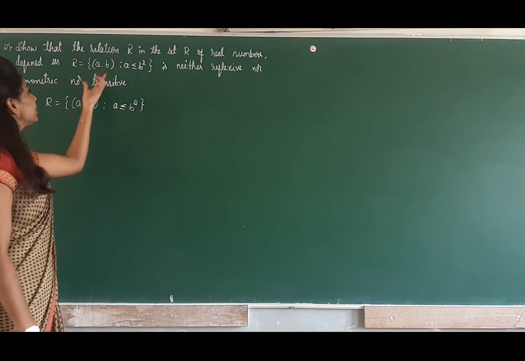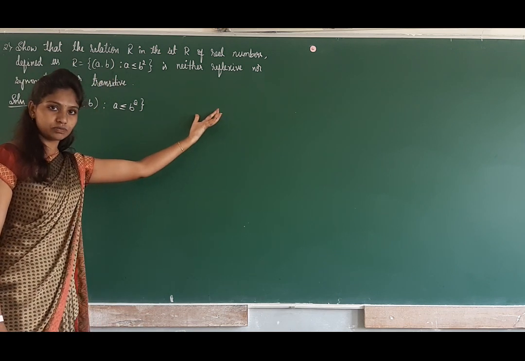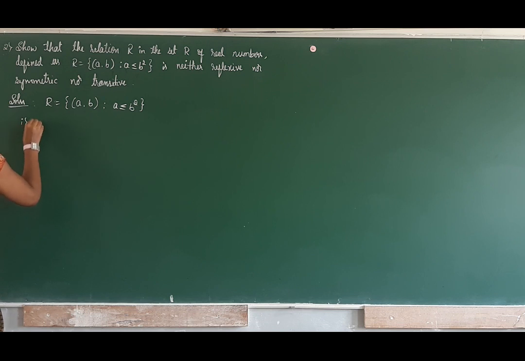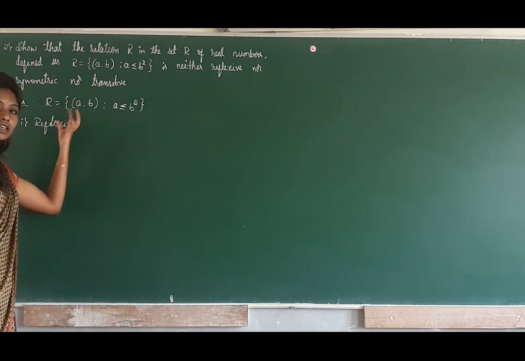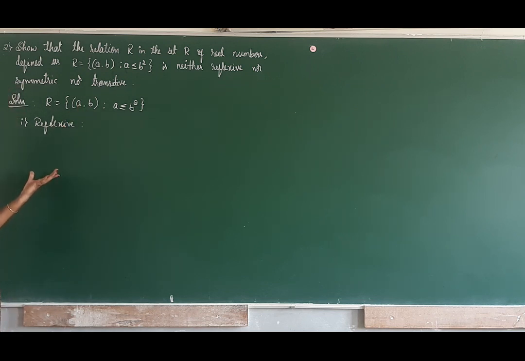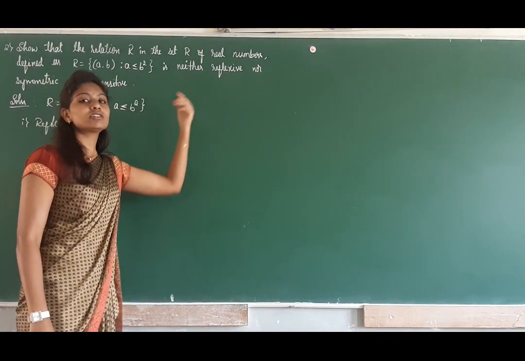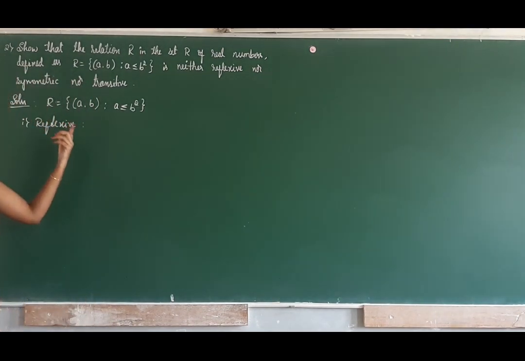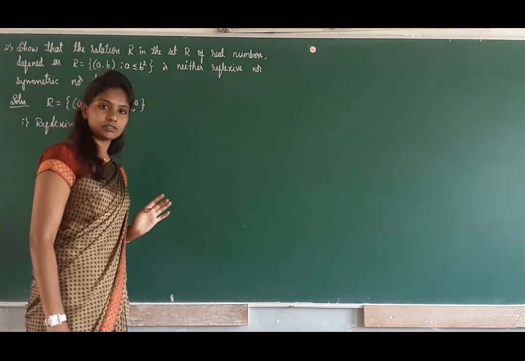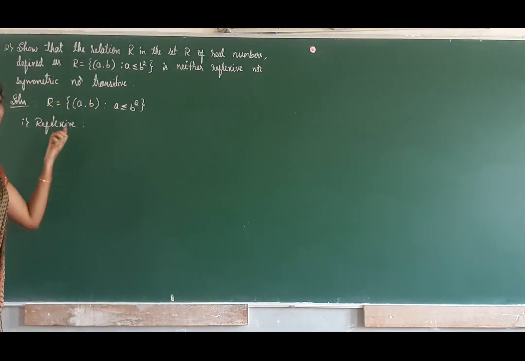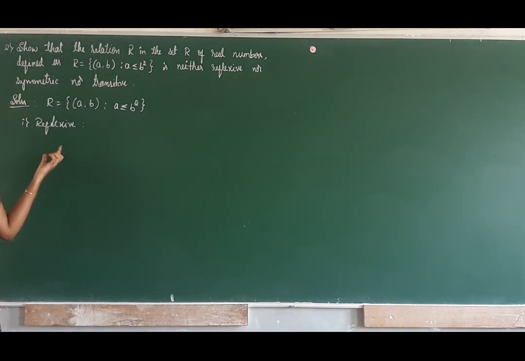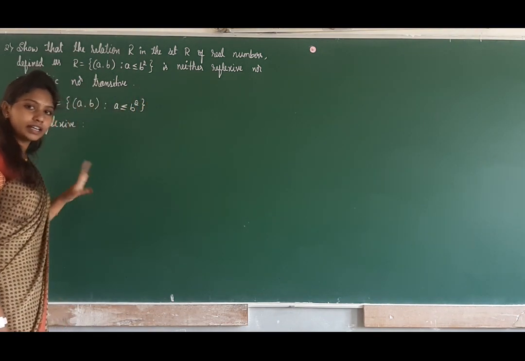What we show here: the relation is not reflexive. Not reflexive means the ordered pair (a, a) does not belong to relation R. They only said the relation is not reflexive, so we have to give a counter example that is not satisfying the reflexivity condition. We have to give one example that is not satisfying the reflexive condition.